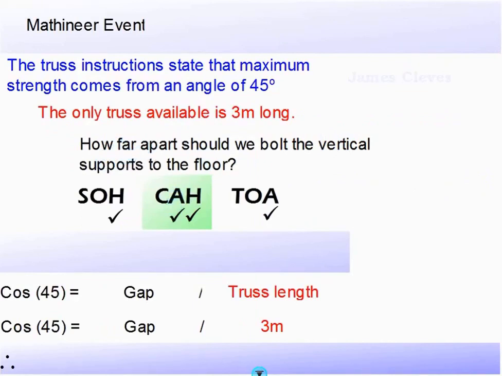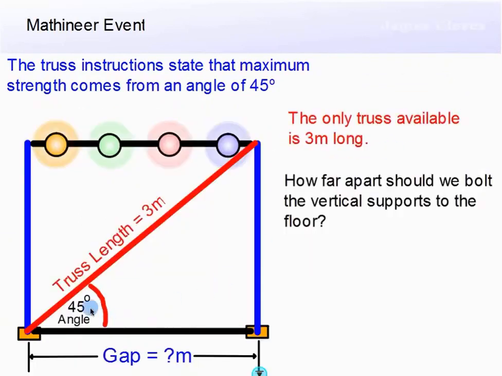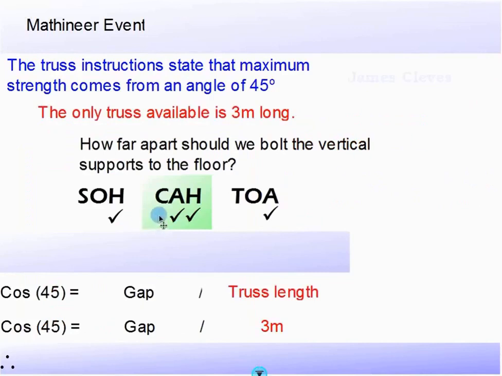Basically, going back to this triangle, we know the hypotenuse and we want to find out the adjacent. And the only trig function that's with respect to hypotenuse and adjacent is the cos one, well, the only main one anyway. So we're going to use the cos function.